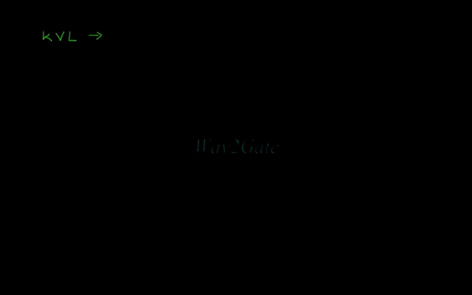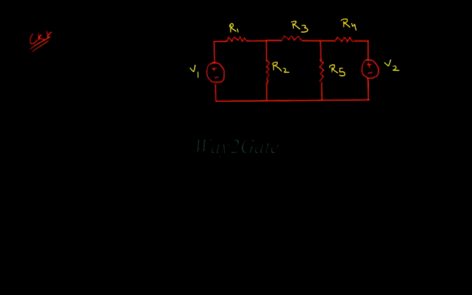Let's apply KVL in a circuit and do mesh analysis. Consider the shown circuit. This circuit has 3 meshes: 1, 2 and 3. Here we have to consider one direction of current, either clockwise or anti-clockwise.